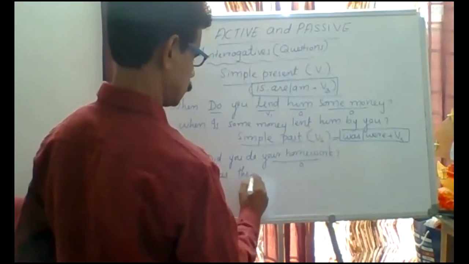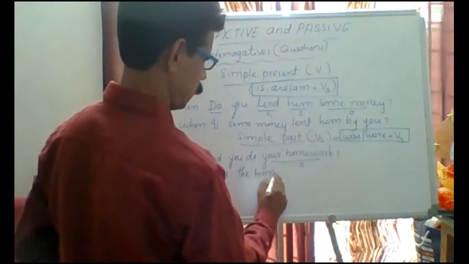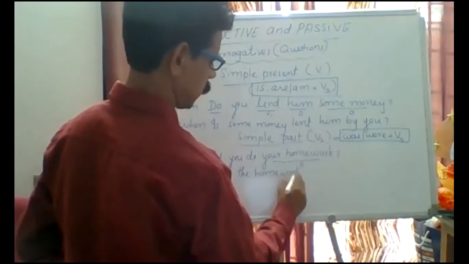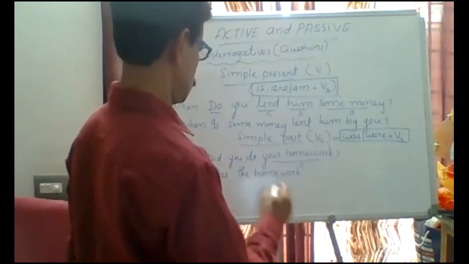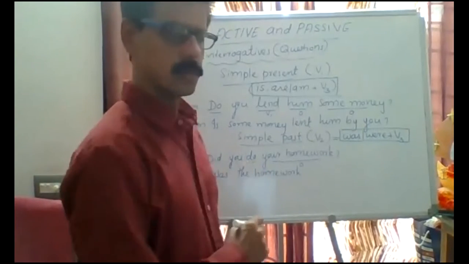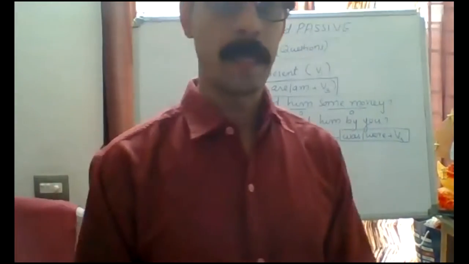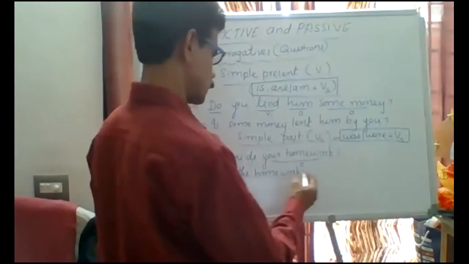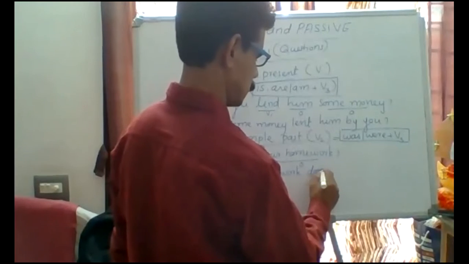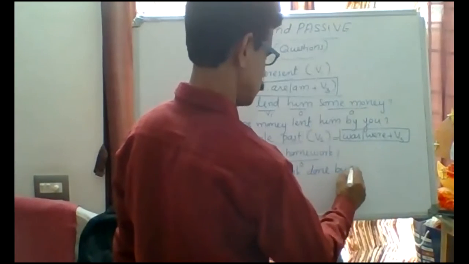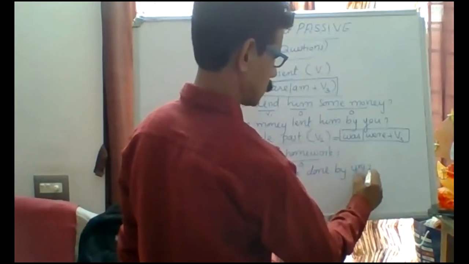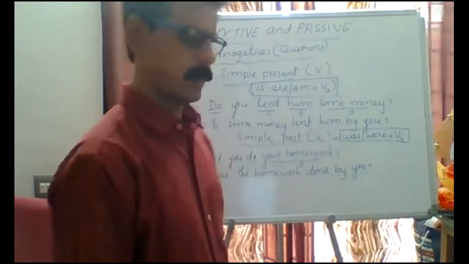Was the homework, or your homework, was the homework. Here do is the main verb. What is the V3 of do? Do, did, done. Was the homework done by you? Was the homework done by you? This is the passive construction.